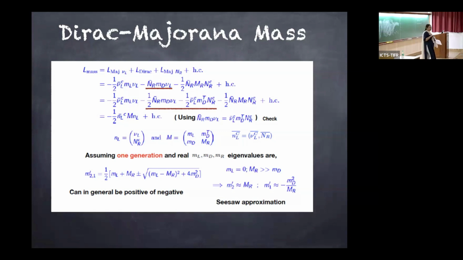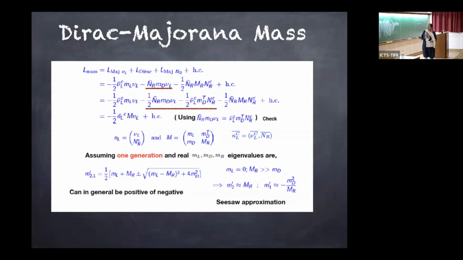So if I get time, we can do the diagonalization of this, like I have done the eigenvalues. You can find the eigenstates and we can see that these are indeed Majorana neutrinos in general. There are different limits which one can take.